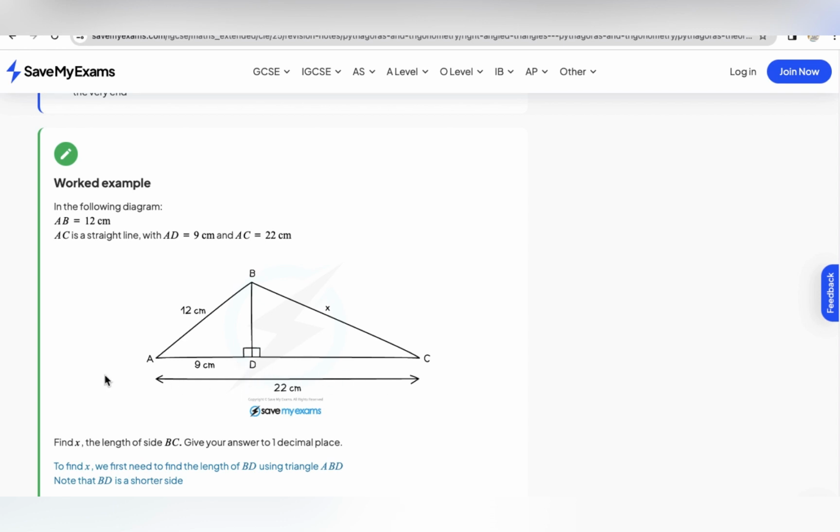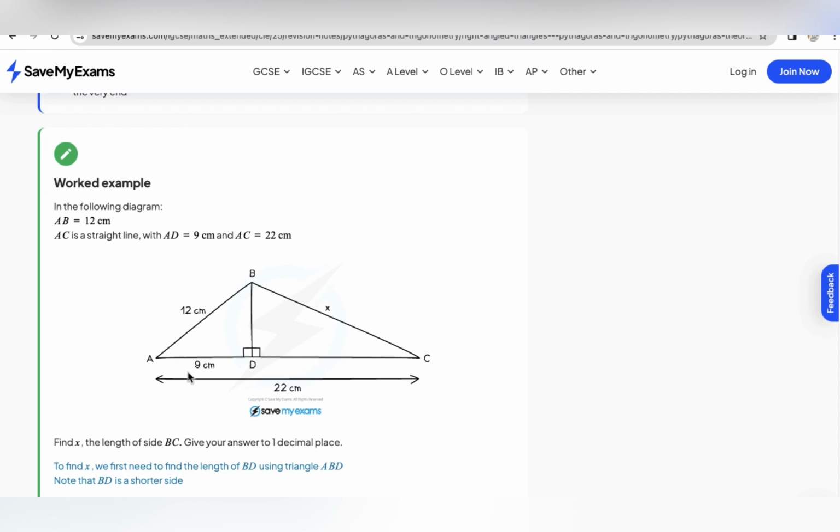So if we know AC and we know AD, we can find DC, right? You know the whole length and you know part of the length, you can find the remaining part of the length. So DC is simply the longest AC minus AD. Just say 22 minus 9, you get DC.